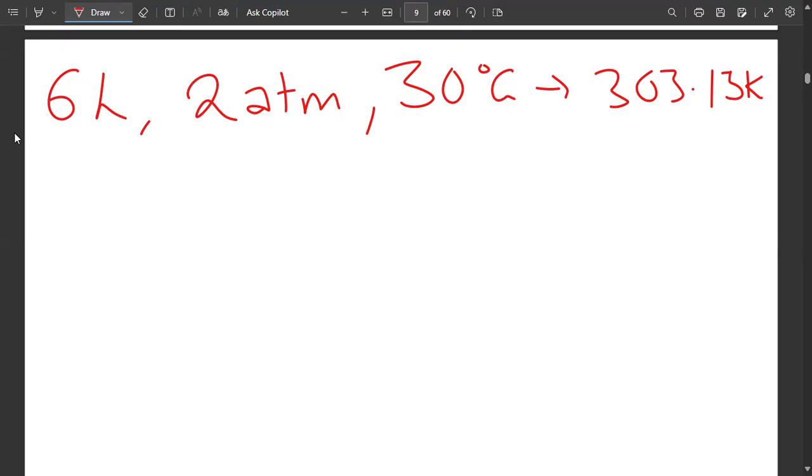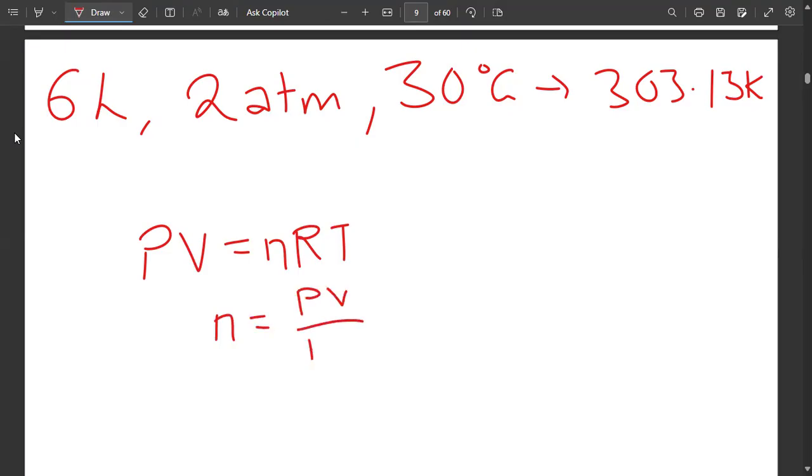But before we apply that, we are supposed to find the number of moles. So we're going to use the ideal gas equation, PV equals nRT, of which n is equal to PV over RT.